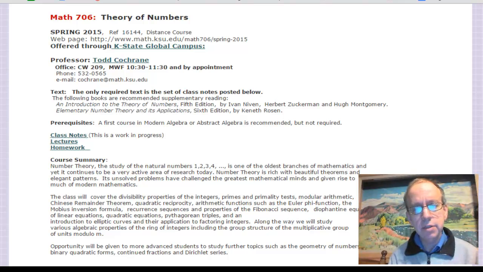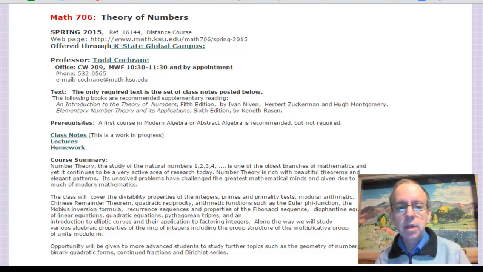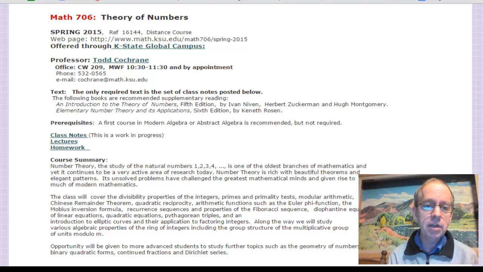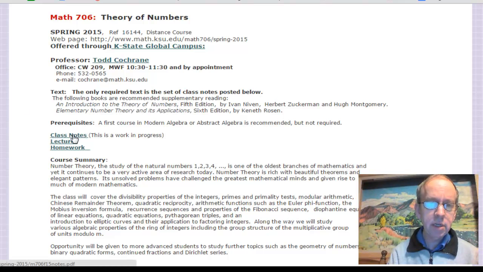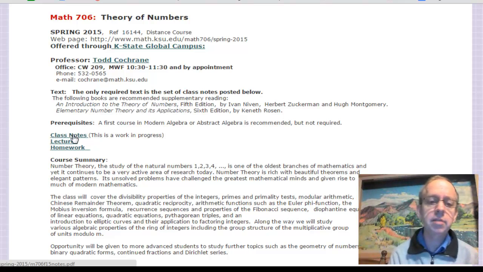For this course, being a graduate class, I like to assume that every student has had some first course in proofs already, and preferably that you've had an introduction to modern algebra or abstract algebra at some point. If it's been a while, or if you haven't had introduction to abstract algebra, at the end of my notes I have an appendix that summarizes all of the important concepts that you would need for this class.